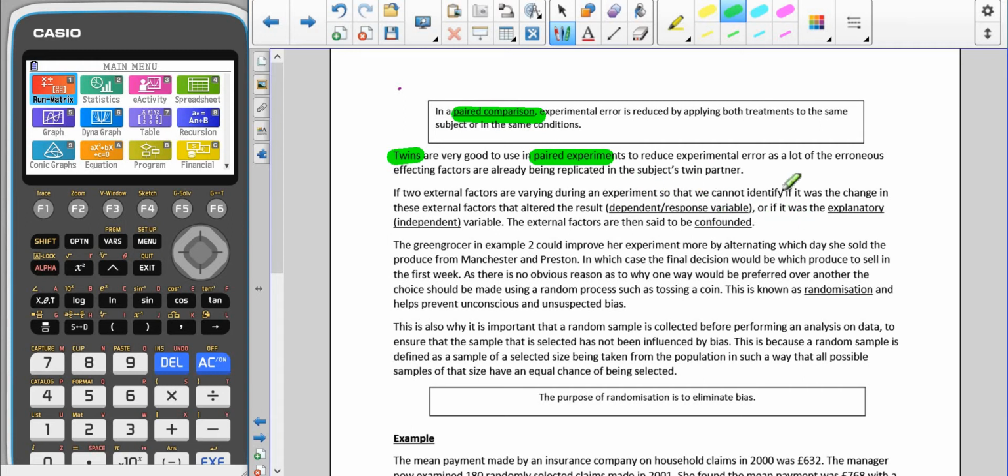So for instance, if we were trying to measure IQ, our dependent variable, on, let's say, how much broccoli they ate the week before, which would be our explanatory or independent variable, but actually it also turned out that one of the other participants ate a lot of chocolate, or drank a lot of coffee, we might find that that is a confounded variable.